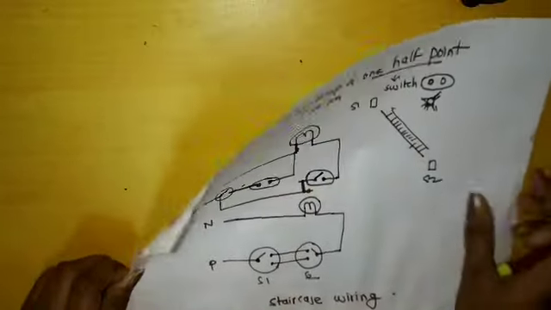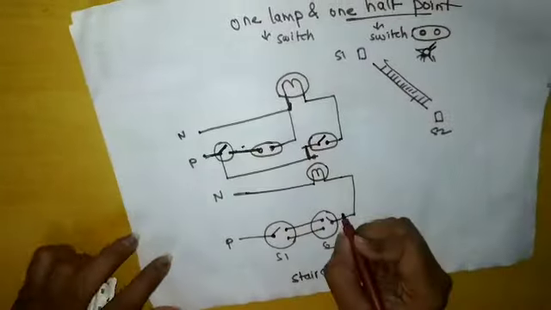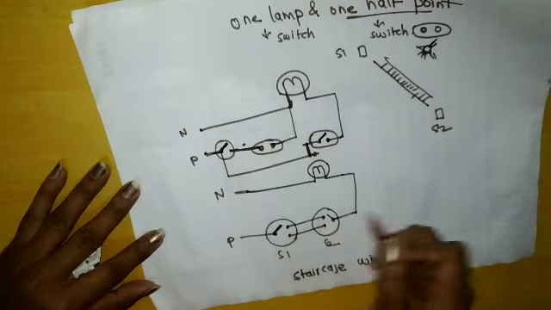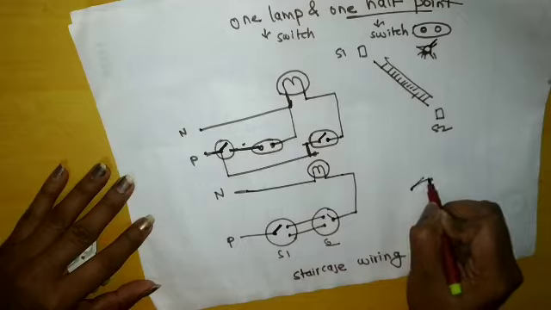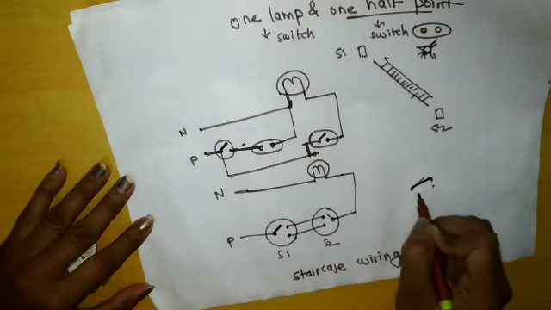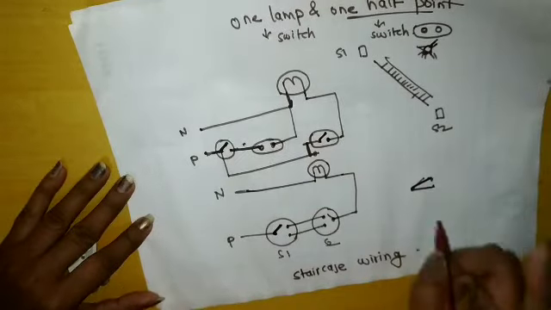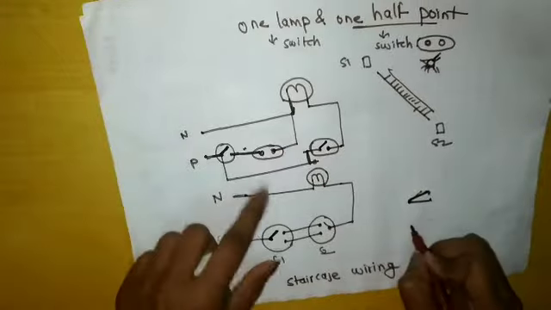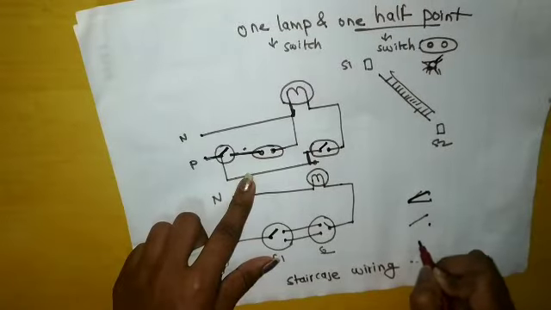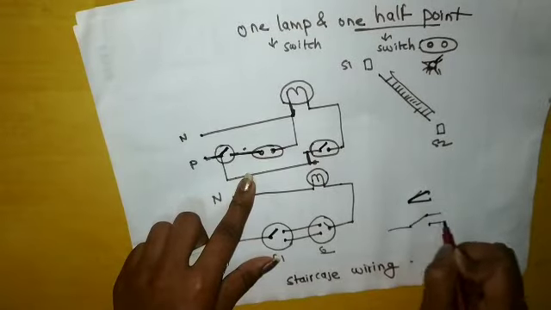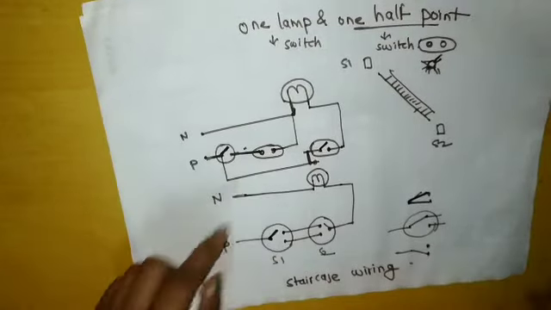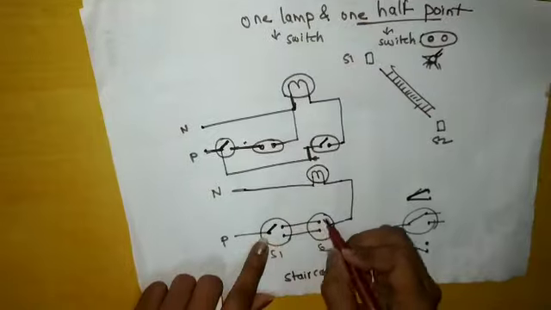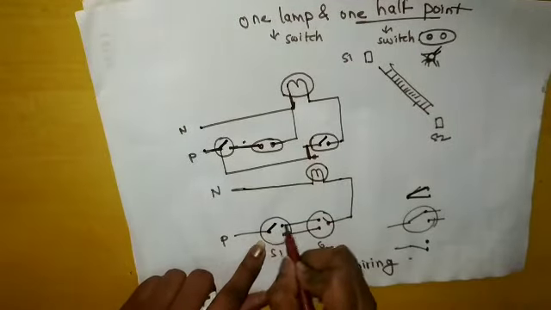Now what will happen? Now the position of the switch: this switch may be in this position or in this position, but at a time only one position. Now consider our bulb is in this position.